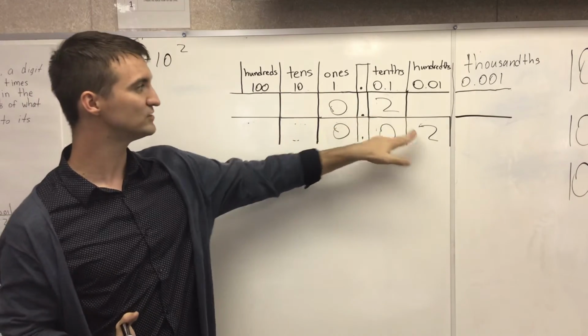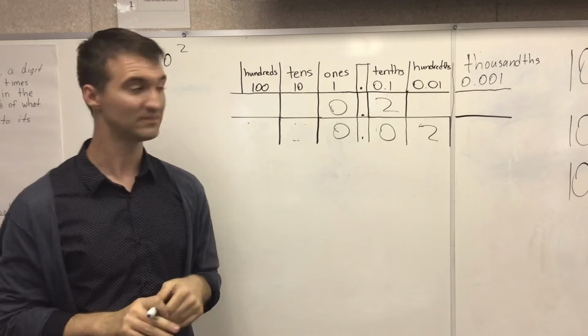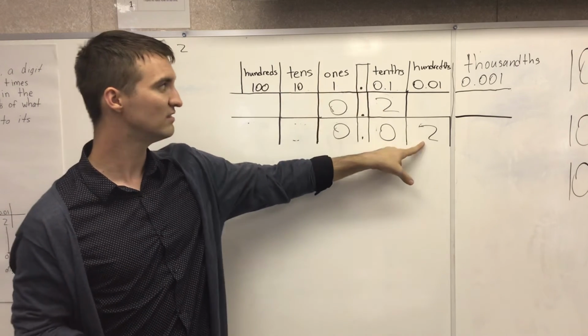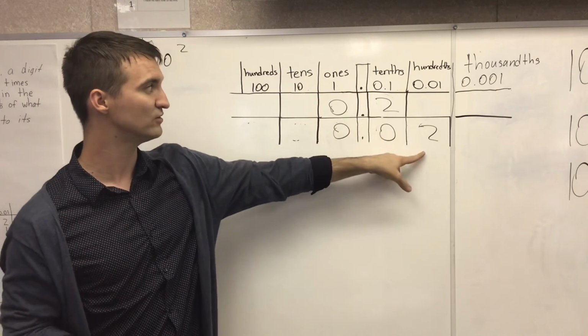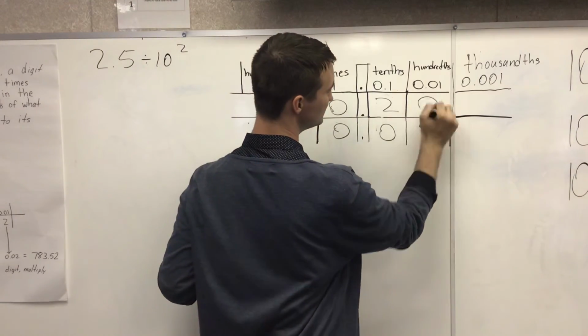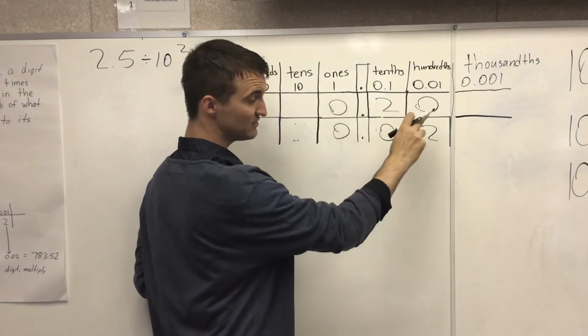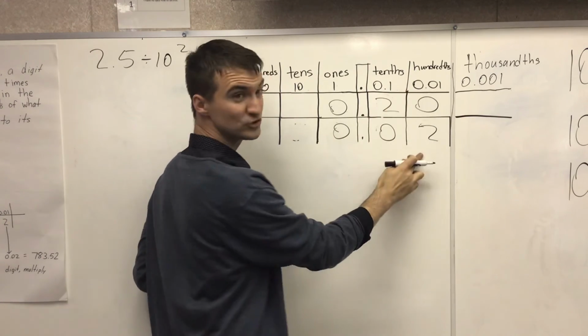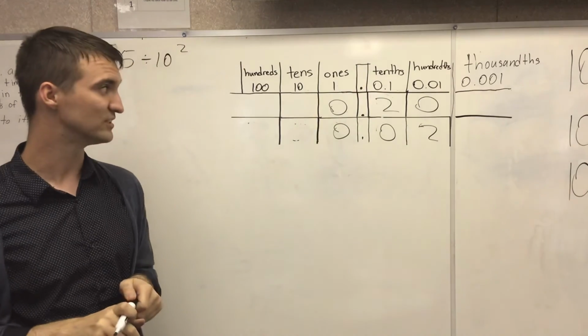Just because they both have a 2 in them does not mean they're the same thing. This 2 right here is in a greater place value than this one, so it holds greater value than this one over here. You could think of it like this. I could add a 0 right here and it doesn't change the value of this number, but it does show me that 20 hundredths is greater than 2 hundredths.